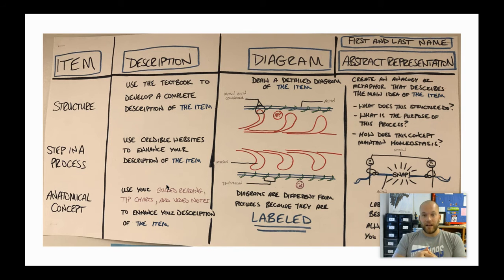Then the diagram is a detailed diagram. More often than not, these are in the textbook as well. A lot of y'all like to just Google image search and copy that, and that is an option. You can use a credible website to help you with this diagram, but I'll give you a hint. I created most of these graphic organizers using the textbooks, so the textbook diagrams are going to be much better.